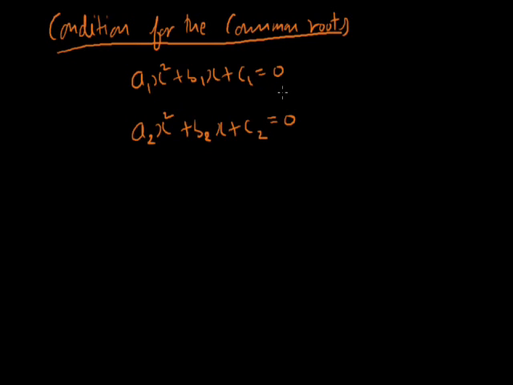Let's say now we are trying to find the condition that the two given quadratic equations have a common root. Let's say the first quadratic equation has roots alpha and beta, and the second equation has roots alpha and another one, gamma.